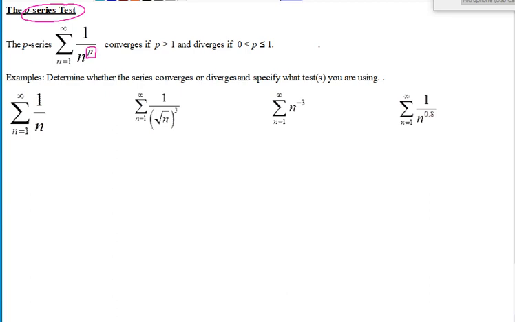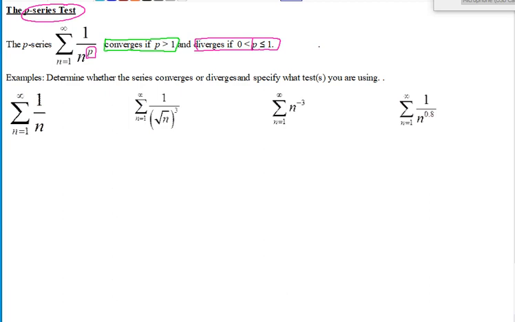So if that exponent is greater than 1, even if it's like 1.1 or something, then it converges, but if it's less than or equal to 1, then it diverges. Really you won't have a case where it's 0, because then it would just be 1, or where it's negative, because then it would just end up on the numerator. So we'll use it for these to fit the p-series.